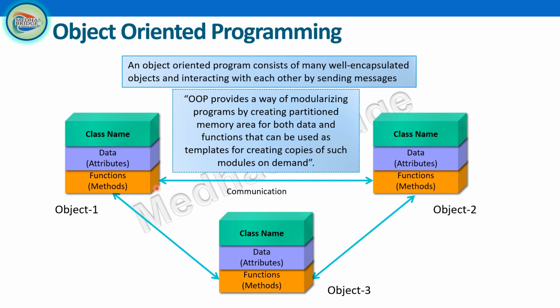These objects are communicating with each other by sending messages through the functions. OOPS provides a way of modularizing programs by creating a partitioned memory area for both data and functions that can be used as a template for creating copies of such modules on demand.